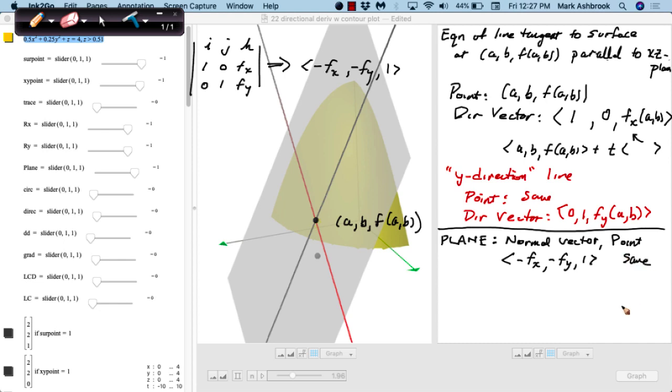And so remember how to write the equation, given a point and a normal vector? Here we go. So what am I going to write? Negative f_x, and we know that's at (a, b), right? Times (x minus a), plus negative f_y times (y minus b), plus 1 times (z minus f(a, b)) equals 0.